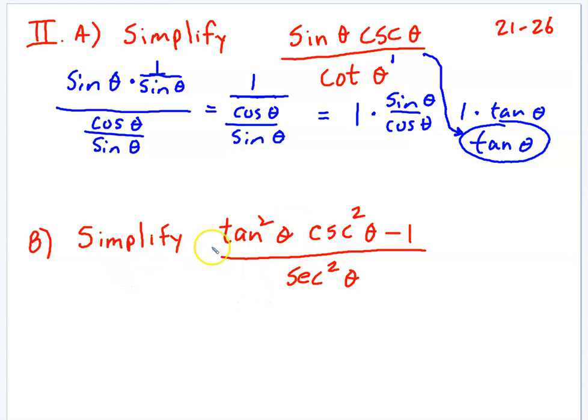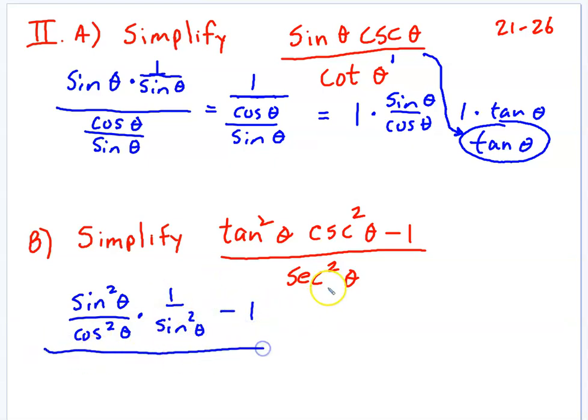Okay, so for letter B, I'm going to do the same thing. I'm just going to convert this into terms of sine and cosine. So tangent is sine over cosine. And that's being multiplied times cosecant, which is 1 over sine, minus 1. And then secant is 1 over cosine.